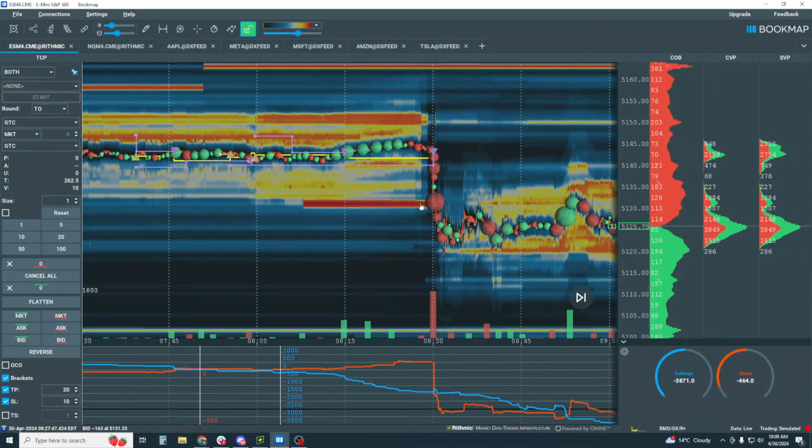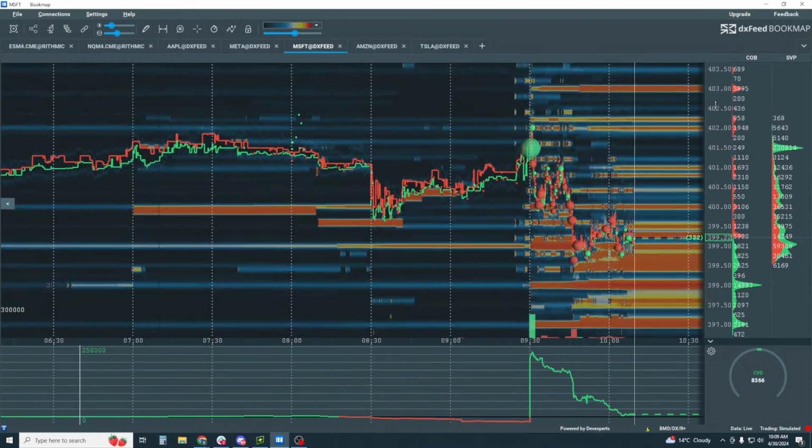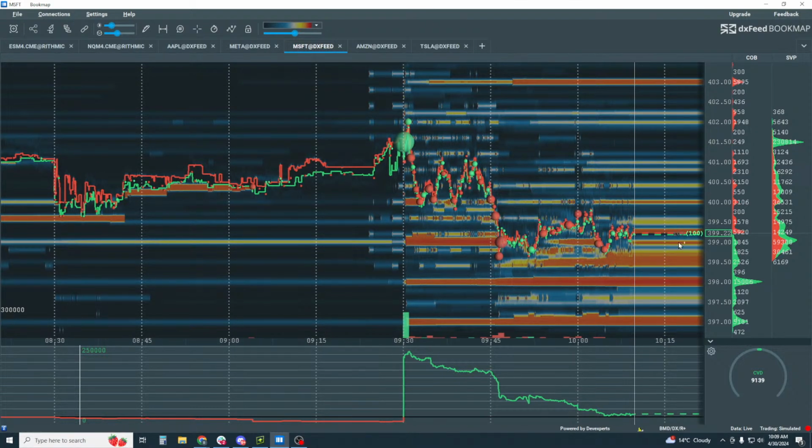This even works better in stocks. If you look at Microsoft or Apple or whatever it is, these larger players just stay in the order book. And they're telling you, I will be a buyer here at 98, 97. I will be a seller up here at 03. Watch price go up into those areas or down into those areas, and typically these players stay in the order book.